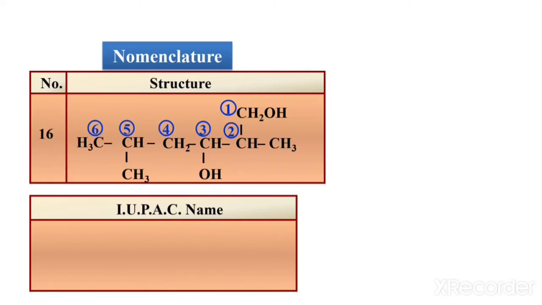Okay, and here these substituents. The name of this compound: at 2 number position there is 1 methyl, and at 5th number position there is 1 methyl, therefore 2,5-dimethyl hexane, 6 carbon, and at 1 and 3 number position there is hydroxyl, therefore 1,3-diol.